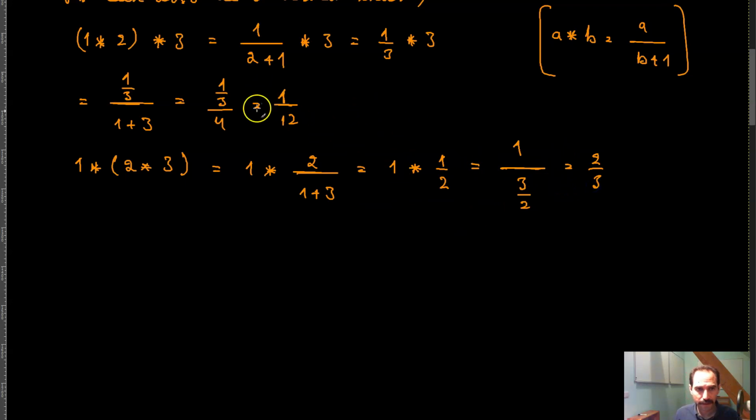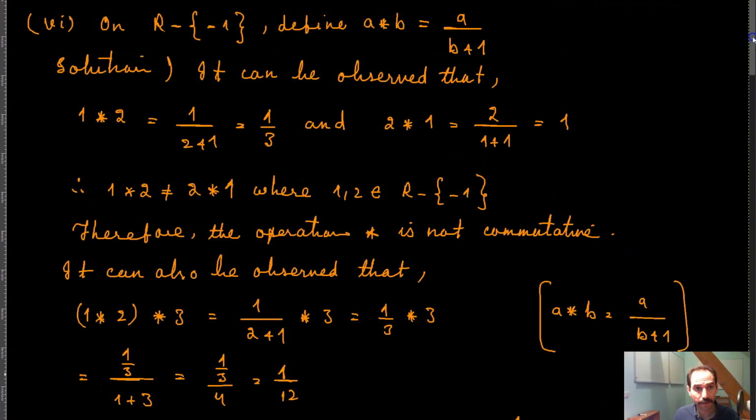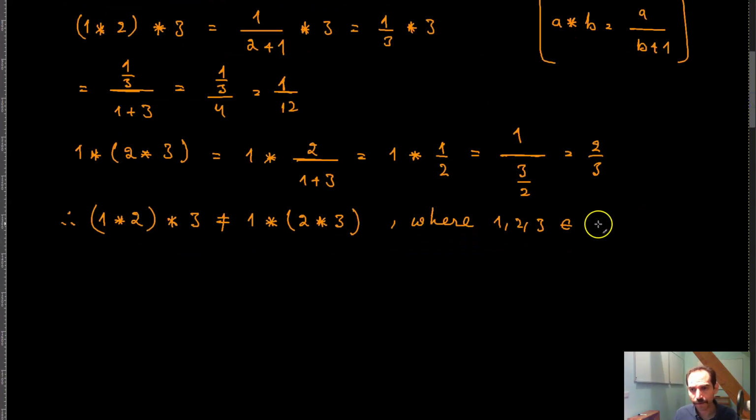So you can see that 1 star 2 star 3 is not the same thing as 1 star 2 star 3 grouped the other way, where 1, 2, and 3 belong to the set that we talked about here, R minus -1.